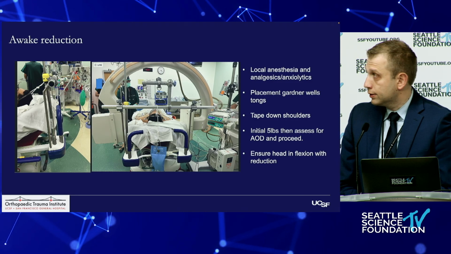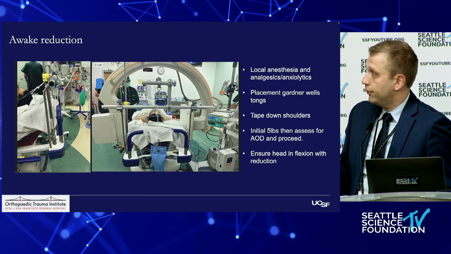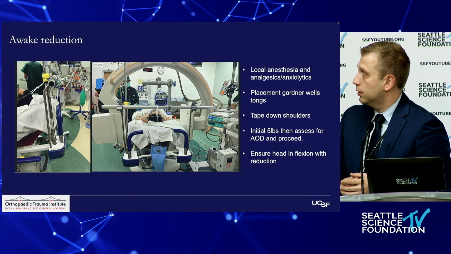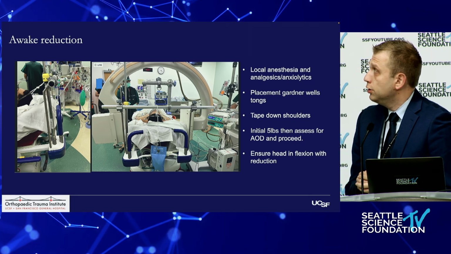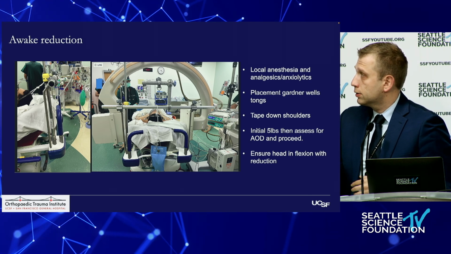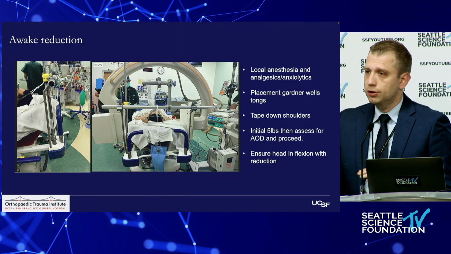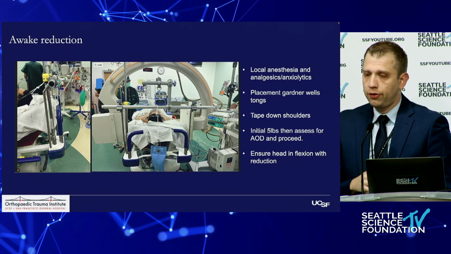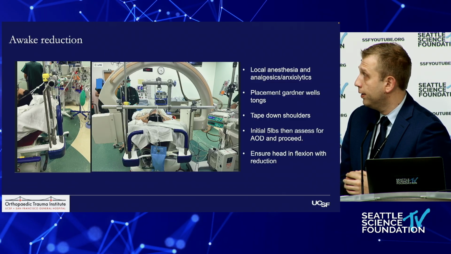So again, the setup kind of looks like this. You get anesthesia on board to give the patient some anxiolytics and analgesics, but not so much that they're not examinable. You place the Gardner-Wells tongs. You tape down the shoulders, because inevitably these injuries tend to be around the cervicothoracic junction, and it's hard to view that area.